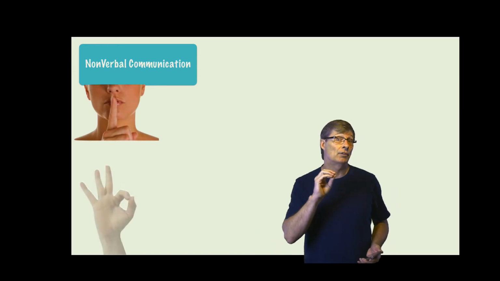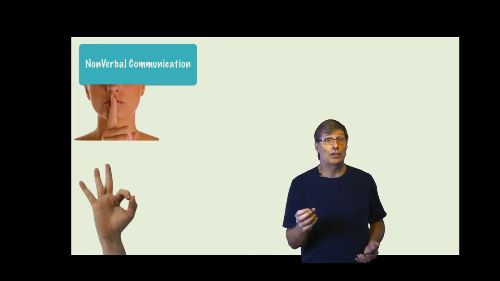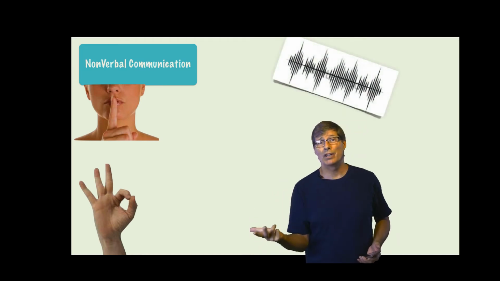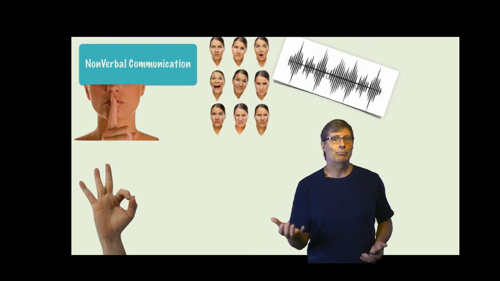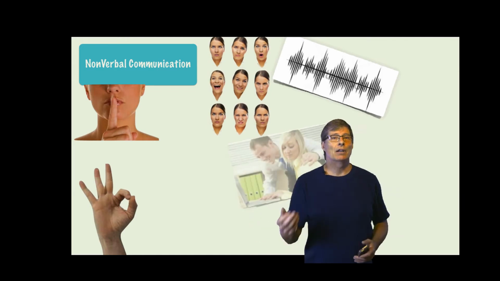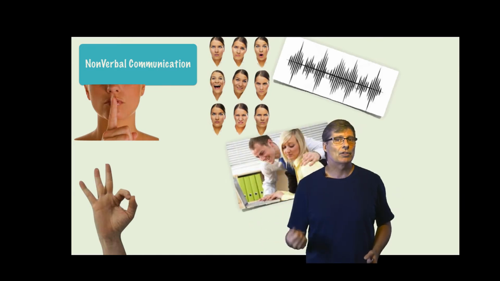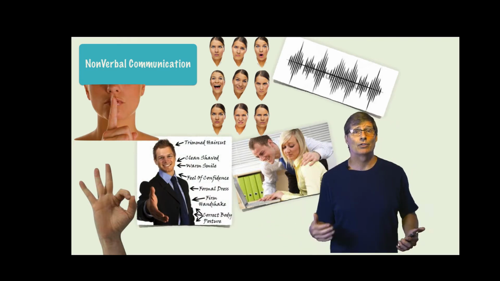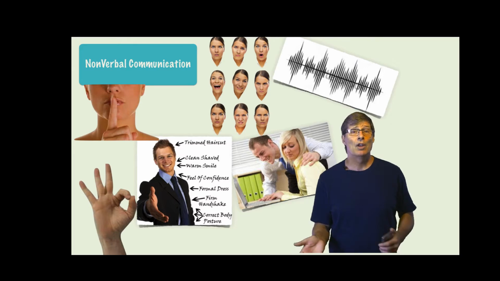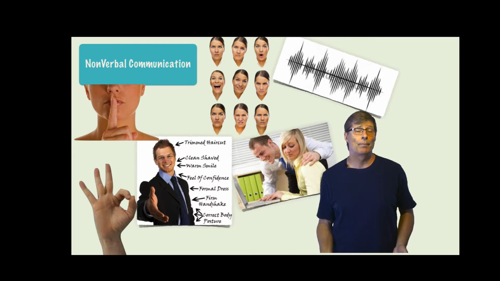But it also includes vocal features like inflection, volume, pitch, cadence, and environmental factors like the use of space and position that affect the meaning of our words. Facial expressions, head movements, body positions, and other gestures carry as much of the total meaning of our communication with others as our spoken words do.